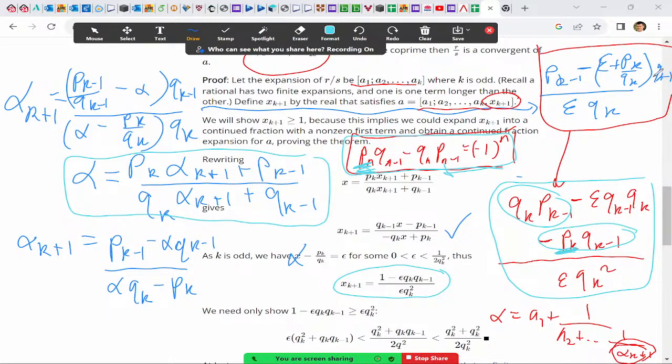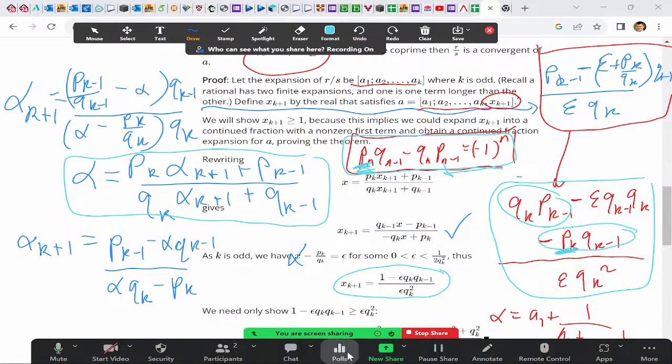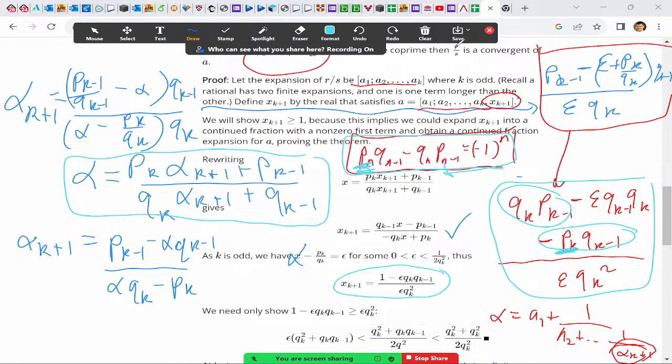Yeah, and the bottom is just epsilon qk times qk, which is qk squared. Yeah, I did the negative of the top and the negative of the bottom. Okay, I got that. Wait, how did I not get that before?